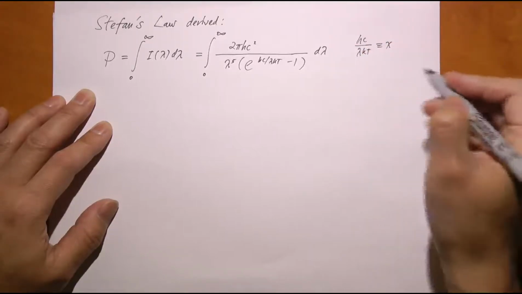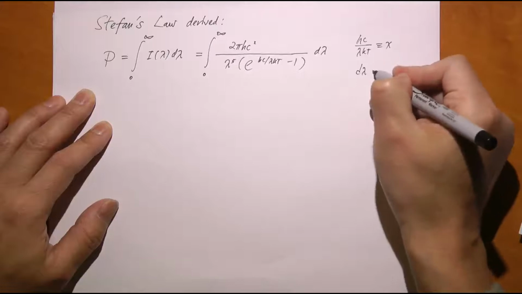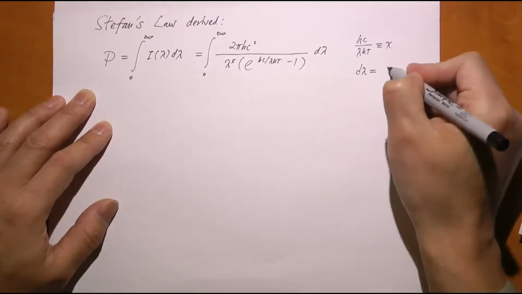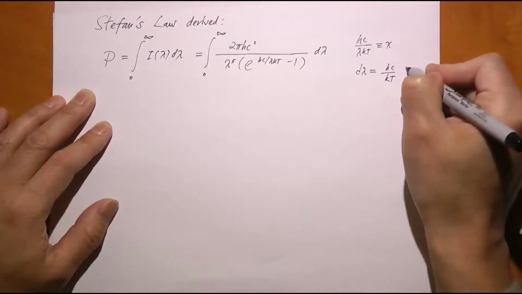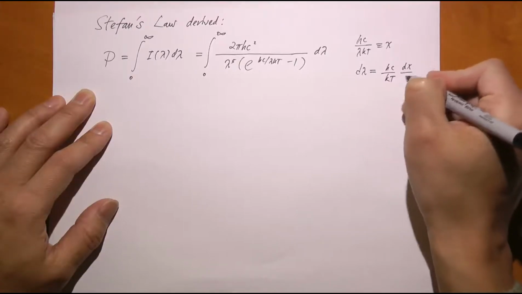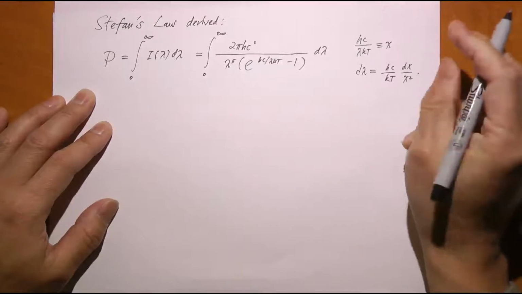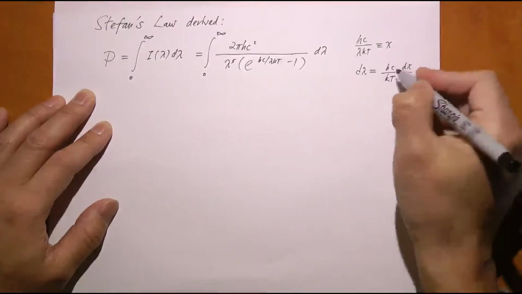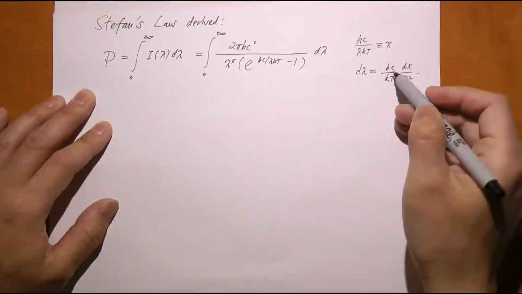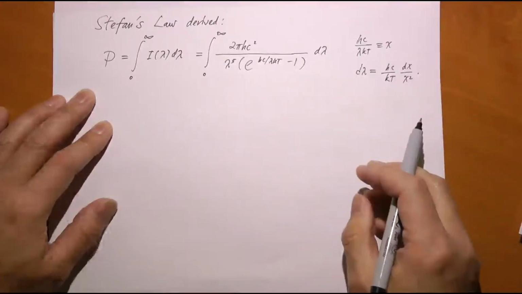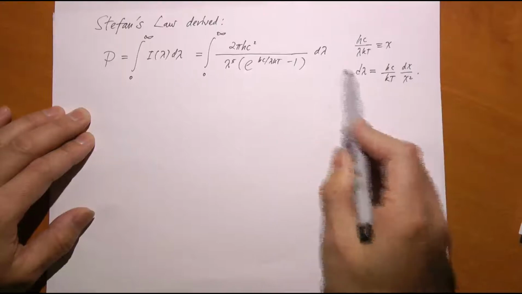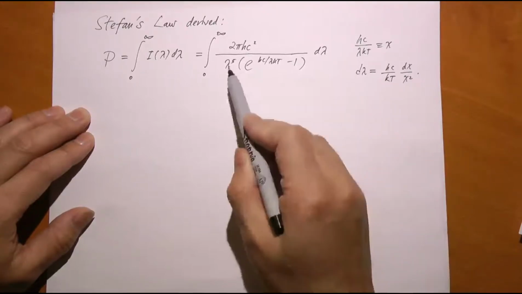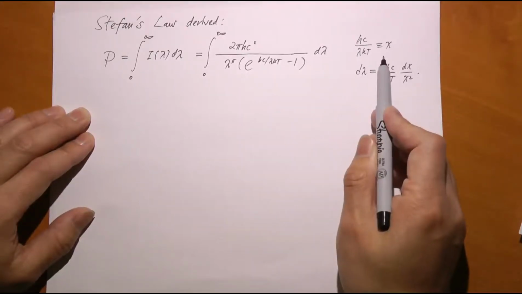We differentiate that, then we get d lambda equals hc over kT, dx over x squared. You have a negative sign, but you can get rid of that by using the appropriate upper and lower limits. You plug that x in, and d lambda equals this, and then replace lambda with x again.